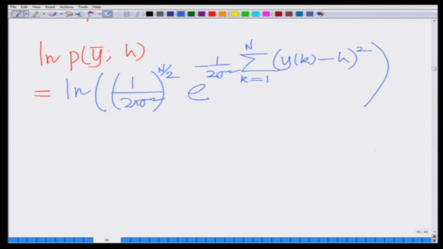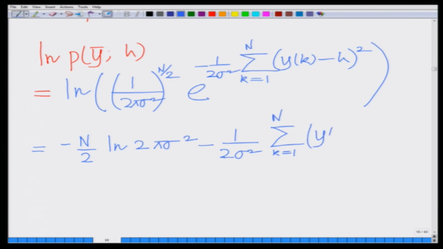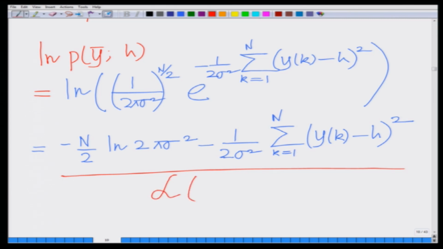If I take the logarithm of this likelihood function, I get minus n over 2 ln 2 pi sigma square minus 1 over 2 sigma square summation k equals 1 to n of yk minus h whole square, and this is the log of the likelihood, denoted by script L of y bar parameterized by h.